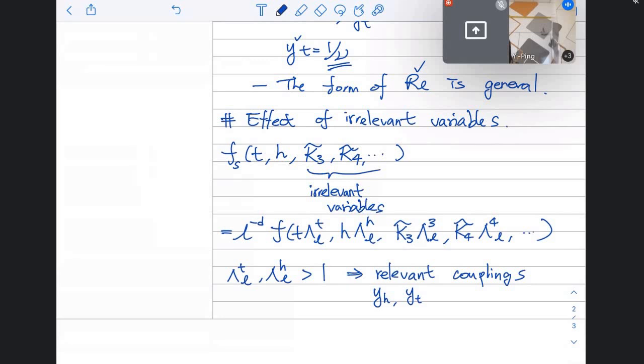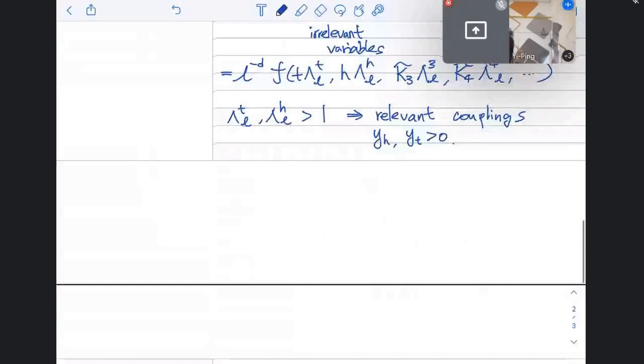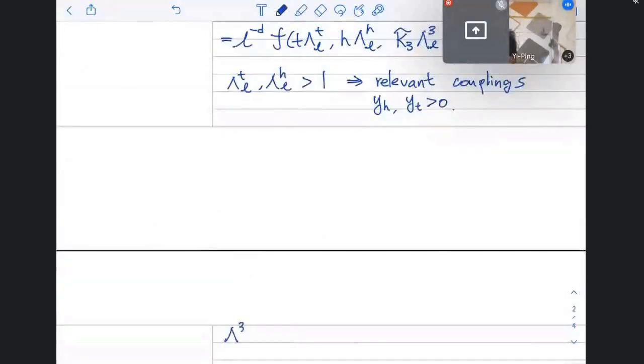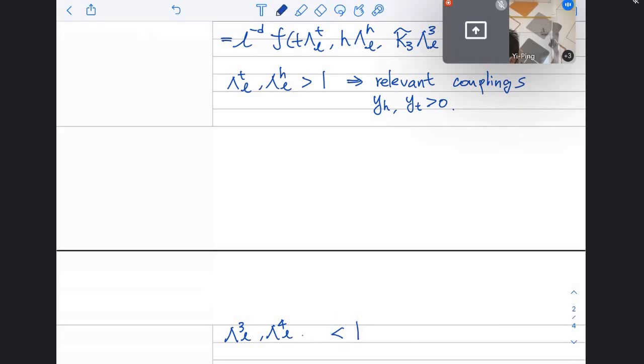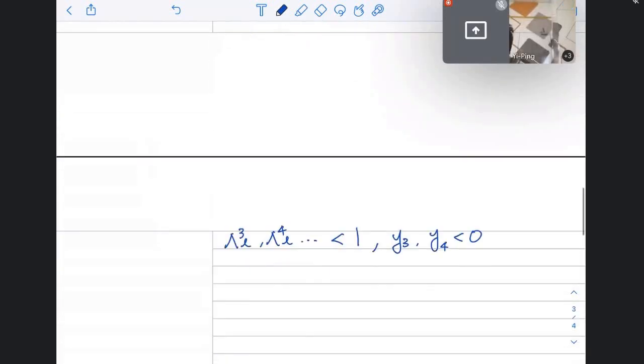For the irrelevant couplings, lambda_3, lambda_4, by definition they are smaller than 1. They are called irrelevant because after the RG transformation, since these eigenvalues are smaller than 1, they get closer to 0.